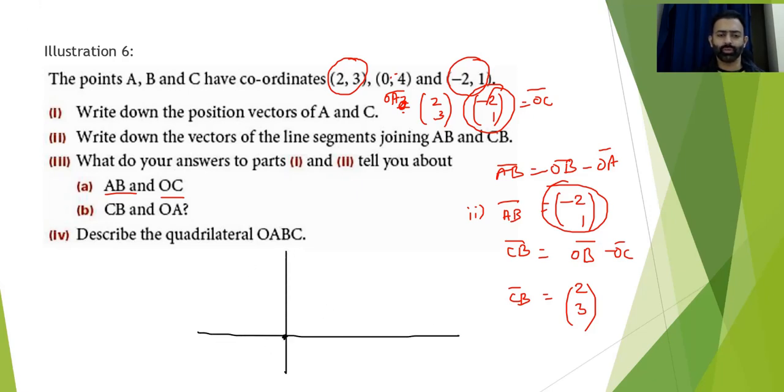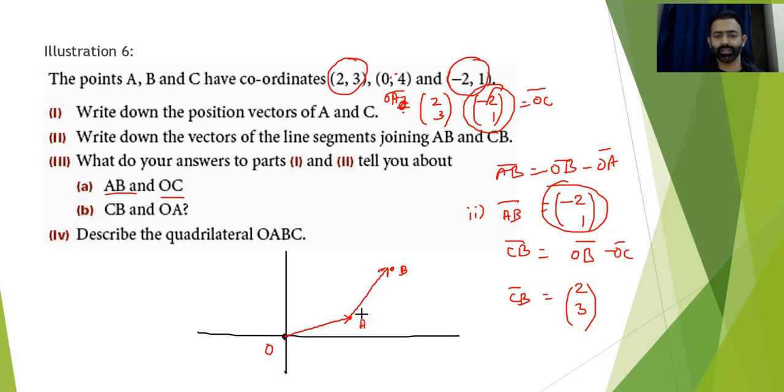So this is our origin O, there is a point A, and this is vector OA. Then, in a cyclic manner, there should be a point B. Let us say B is here, and this is your vector AB.